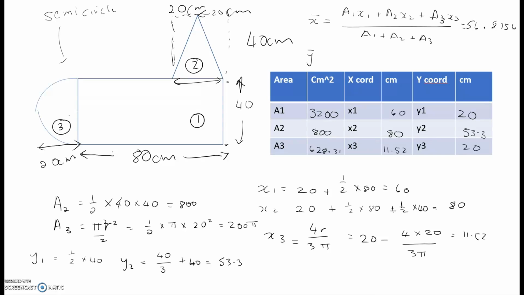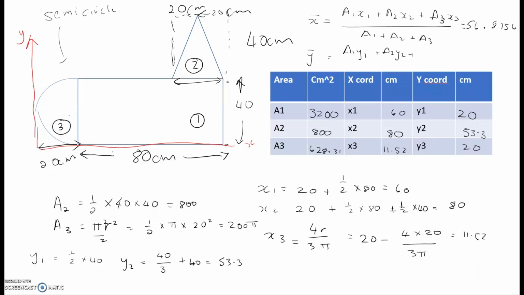And for y bar, it's going to be a1 y1 plus a2 y2 plus, now what I should have done actually is I should have put in the axes. So that's my x-axis and there's my y-axis, otherwise it doesn't work. So what were we up to?